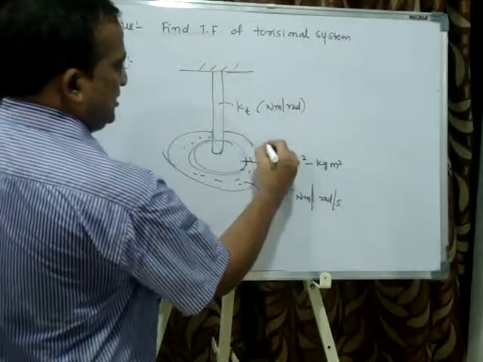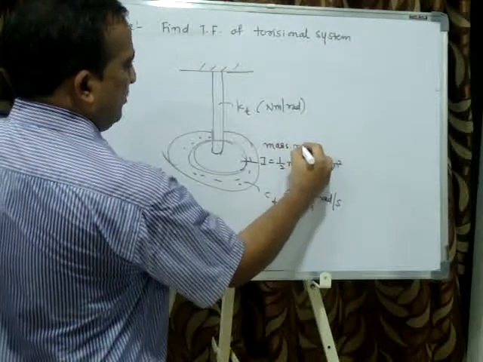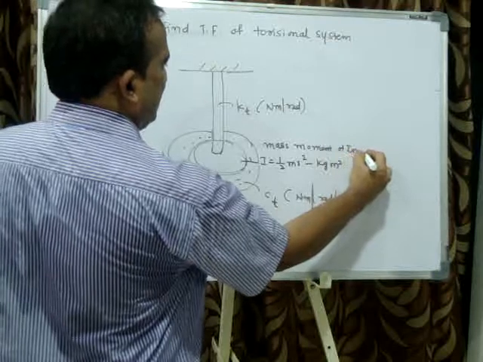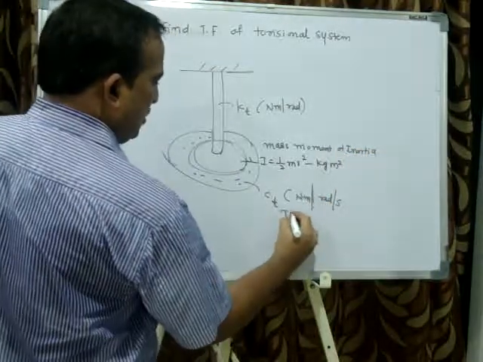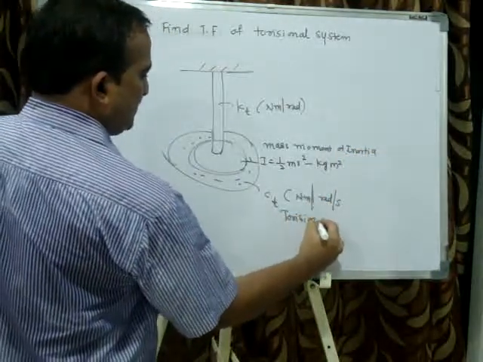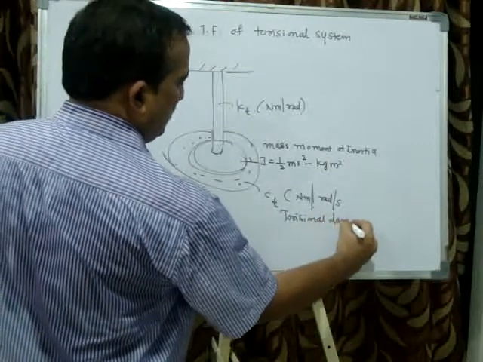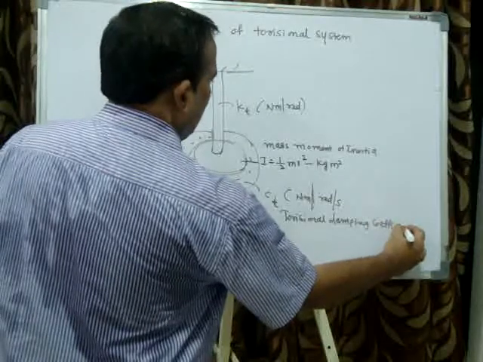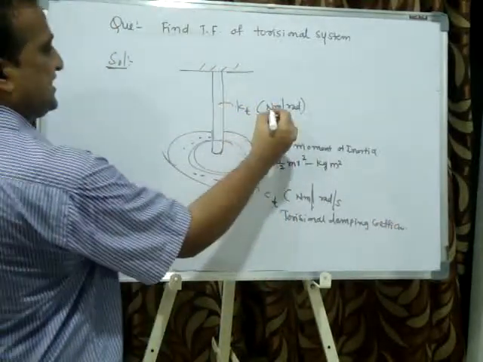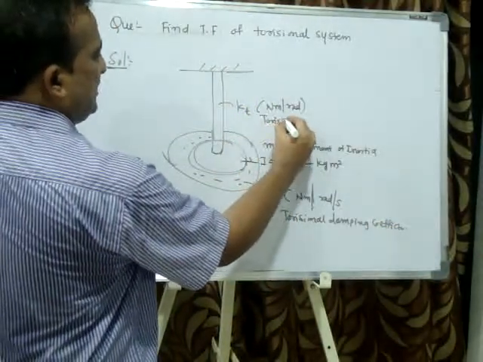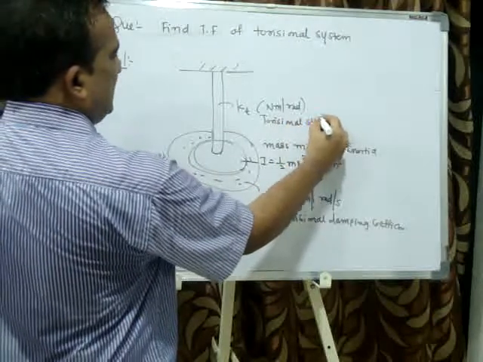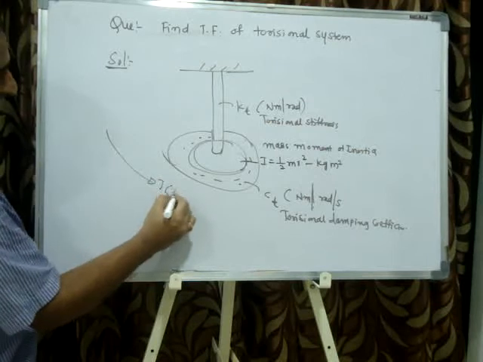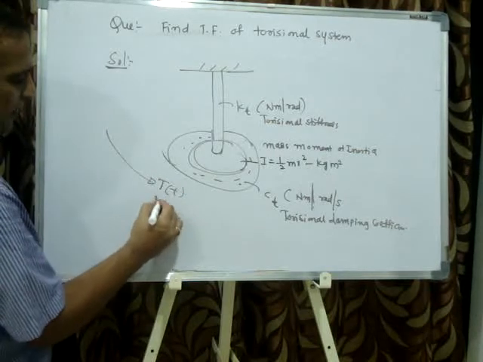Okay, so this is called mass moment of inertia, and this is called torsional damping coefficient, and this is called torsional stiffness, and your external applied torque is T of t, in Newton meter.